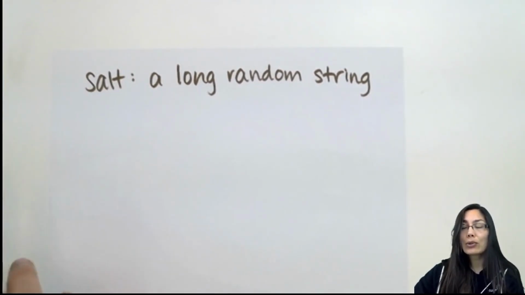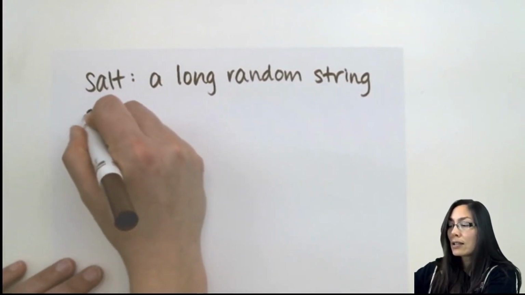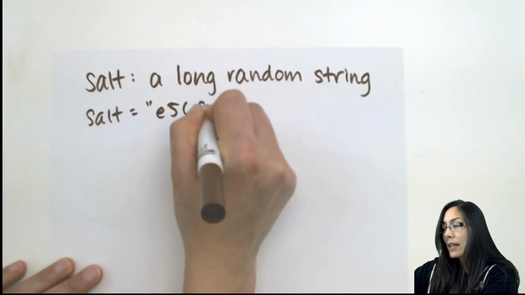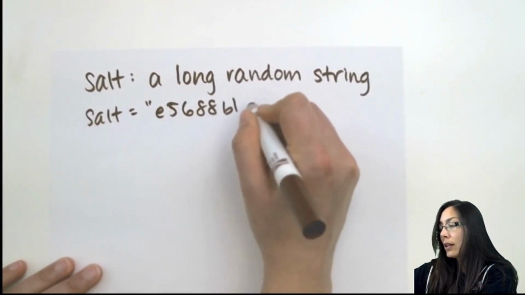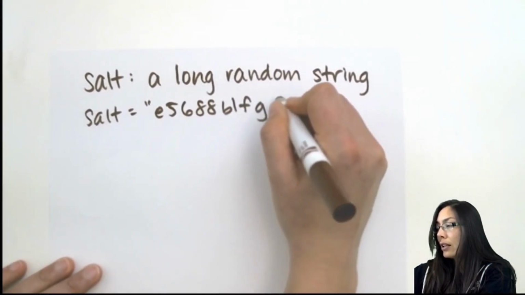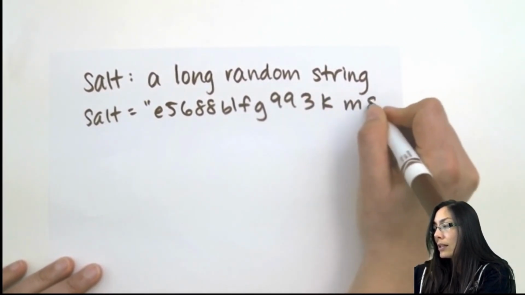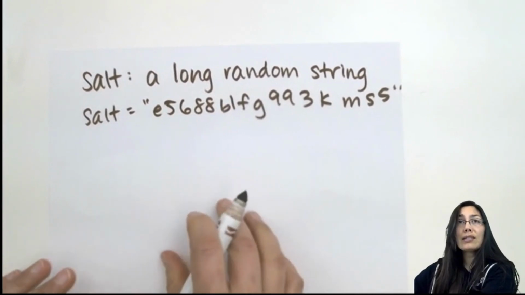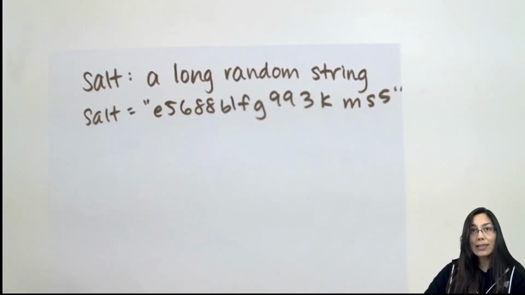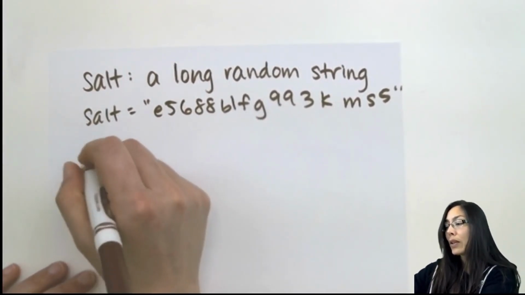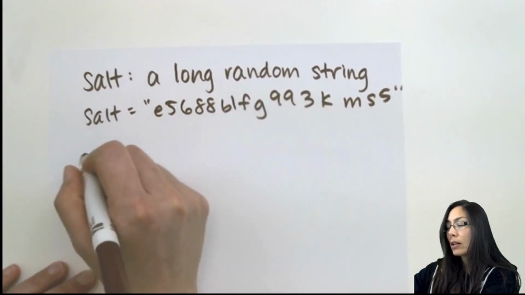So in our server, we're just going to store a salt. And let's say that that salt is something like E56888B1FG993KMS5. Okay, just some long random string. Now it doesn't matter if they're using a password like password, because we're just going to add this salt on for them. So we keep this salt in our server.